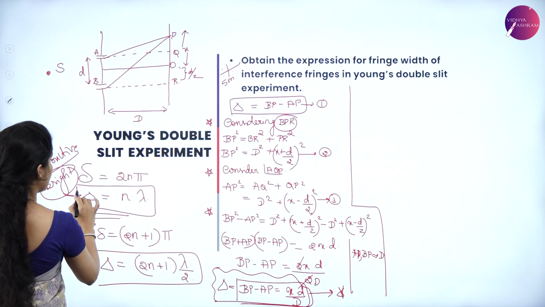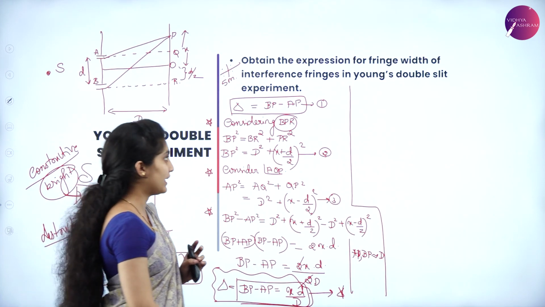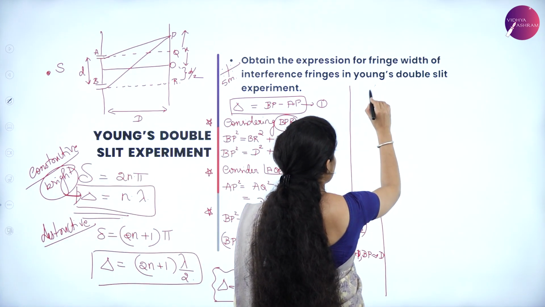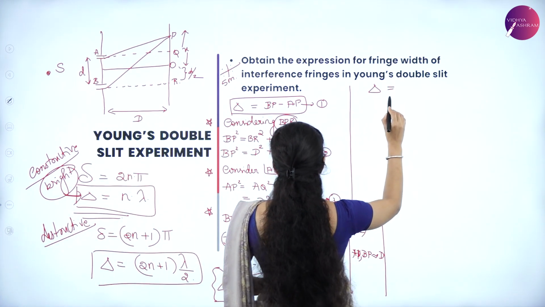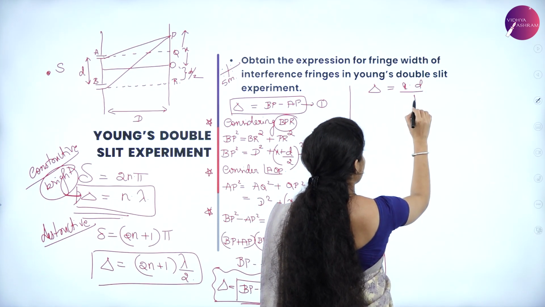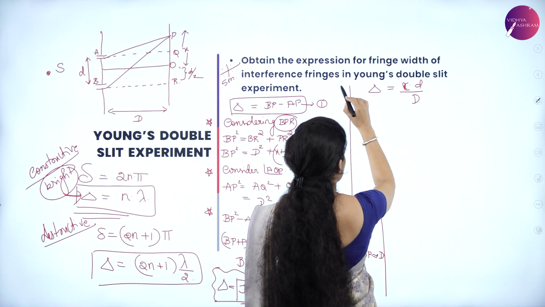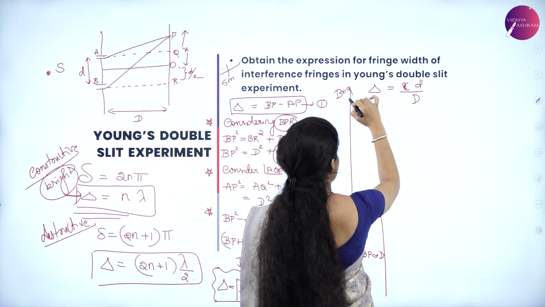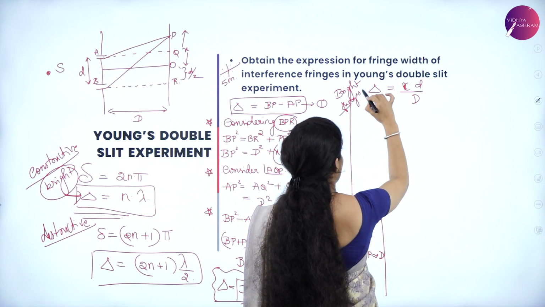For constructive interference, or the bright fringes, you know that the path difference delta is equal to nλ, and we have delta equal to xd divided by D. These are the conditions for bright fringes.